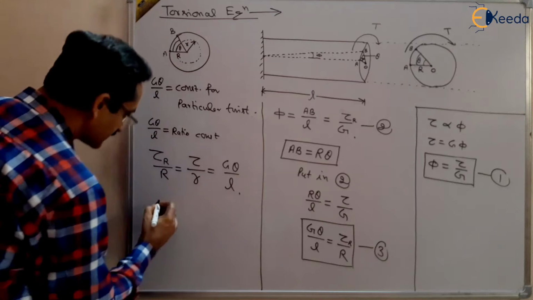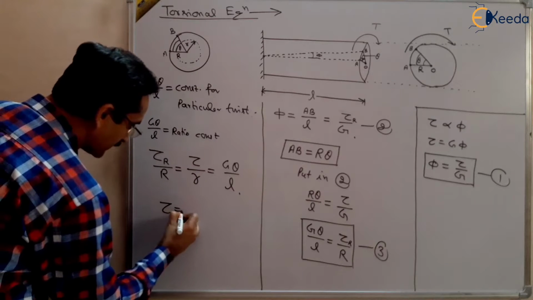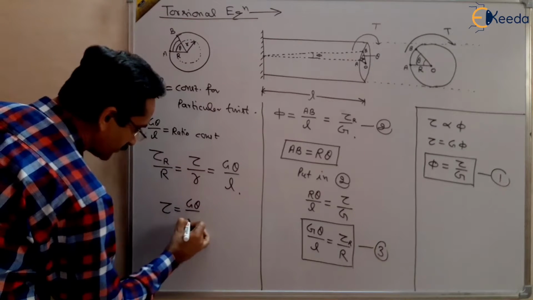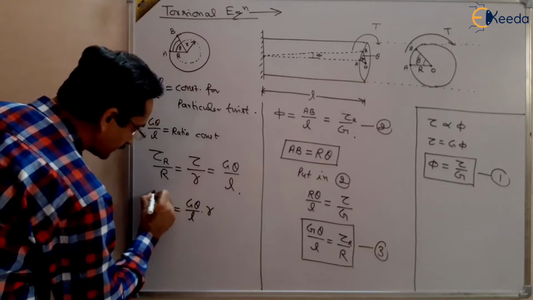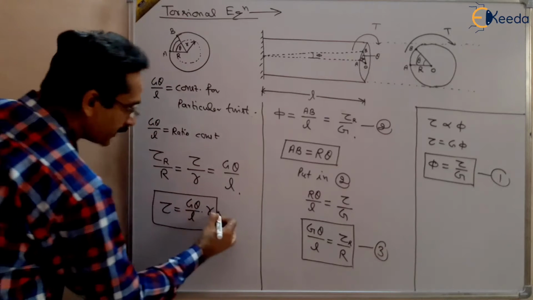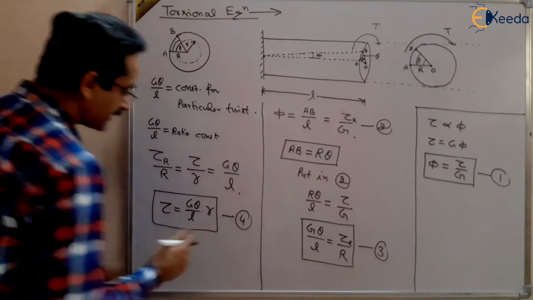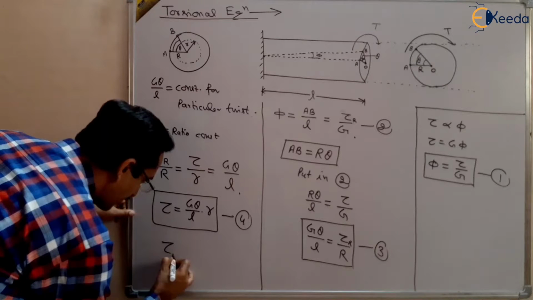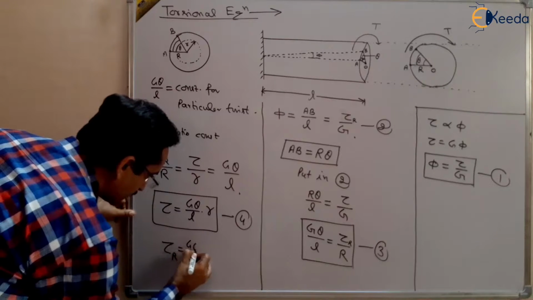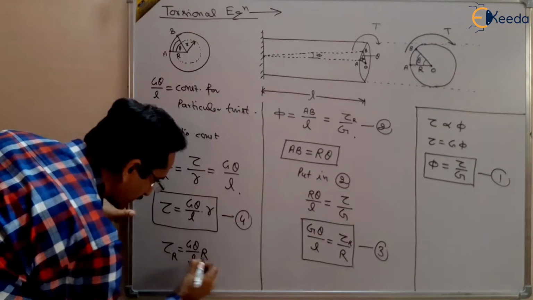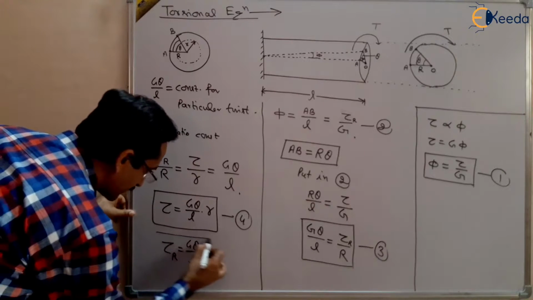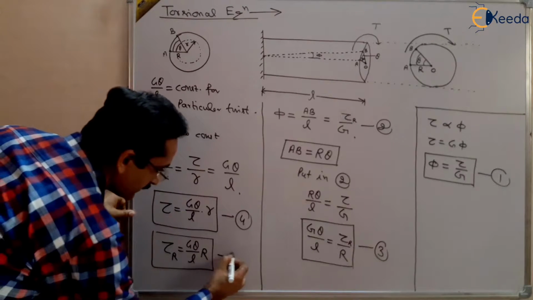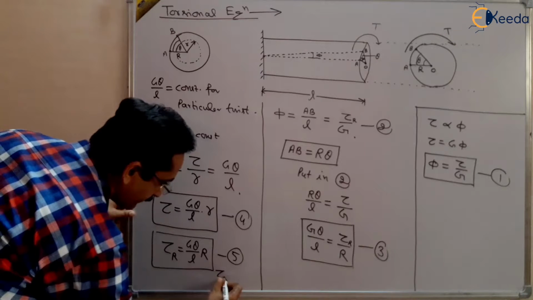As the radius changes, if G theta by L is constant, it means tau depends upon the radius. As the radius increases, tau increases. So tau at a radius r will be equal to G theta by L multiplied by the outer radius, and this tau is basically tau max.